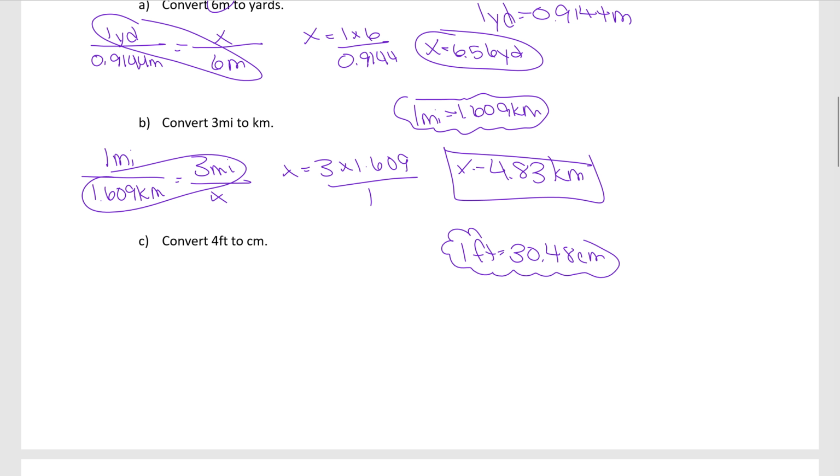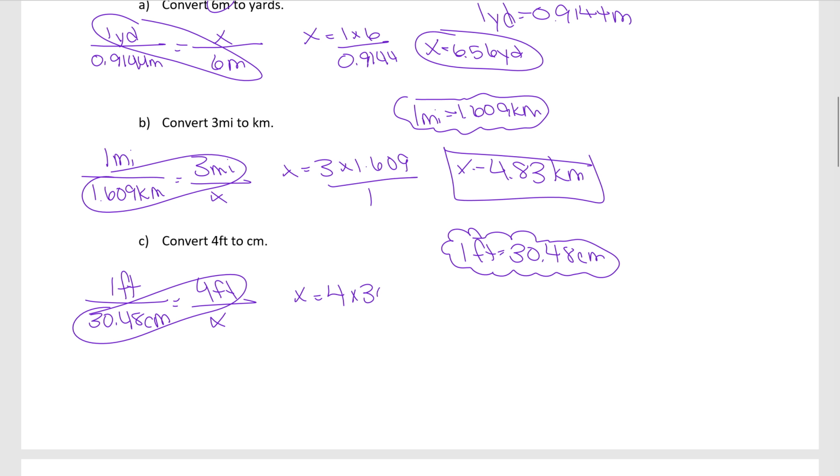Okay, so we'll use that to start. 4 feet will line up with 1 foot, and we'll put X down here. So we're multiplying on the diagonal, so we end up with 4 times 30.48 divided by 1.